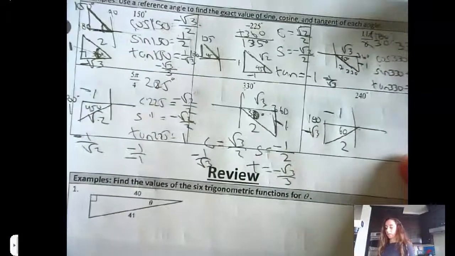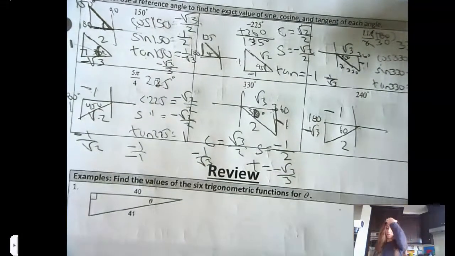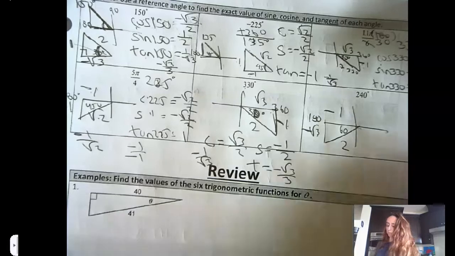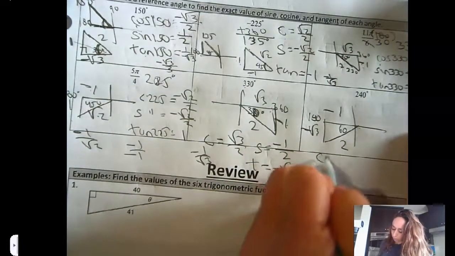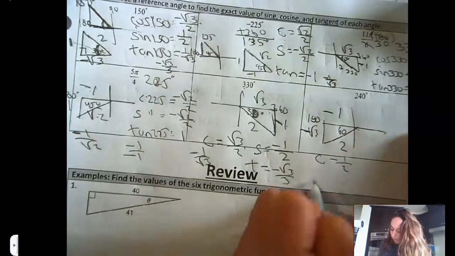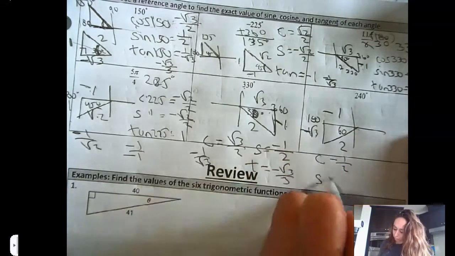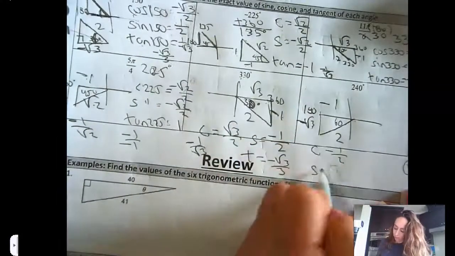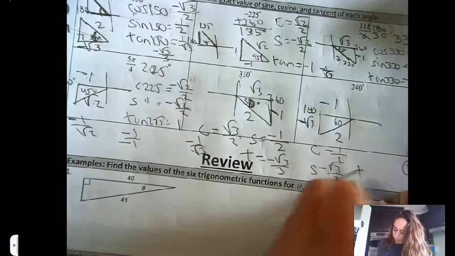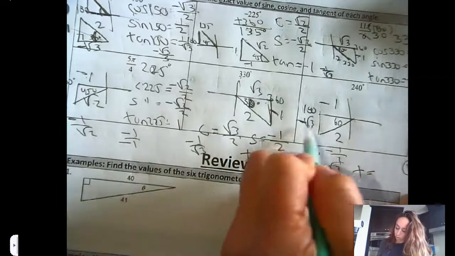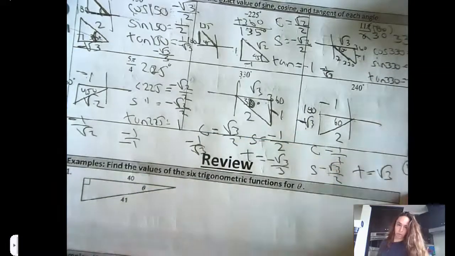If I'm going too fast, then I need you to ask me questions. Please be brave. Please, please, please. Okay, cosine, negative 1/2. Sine, negative rad 3 over 2, and tan is equal to opposite over adjacent, which is just rad 3.